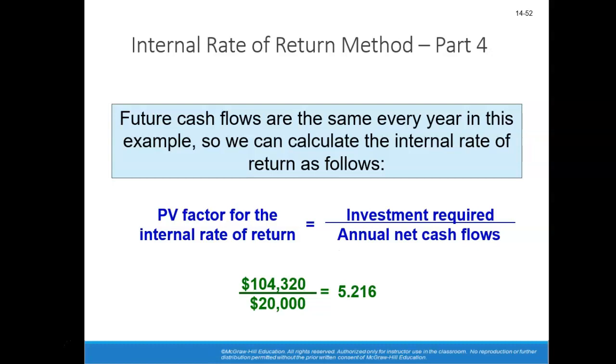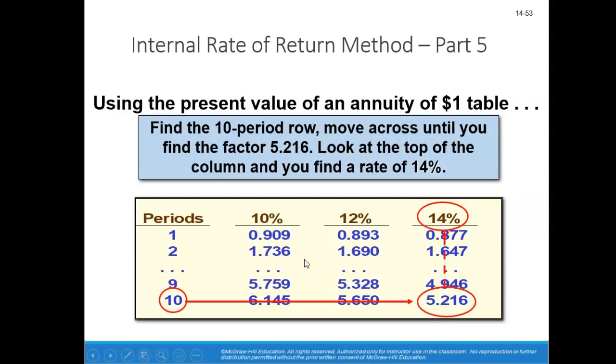So based upon these factors, the internal rate of return will be 5.216. We're saying at this rate, it should give us a zero net present value. The 5.216 would be our internal rate of return on this particular investment.